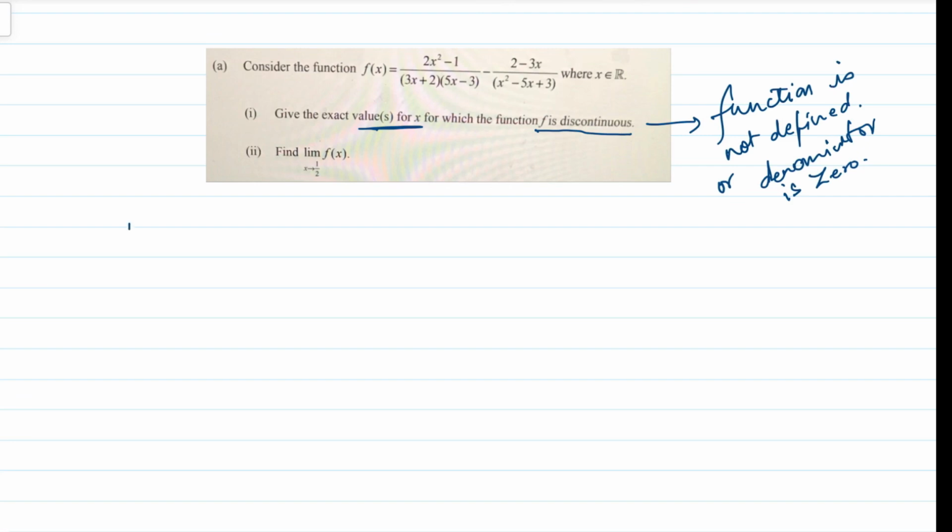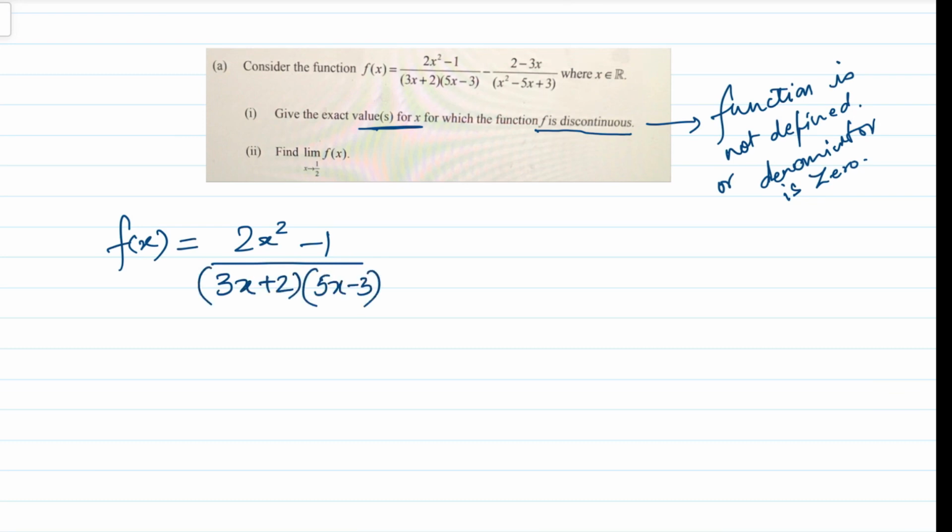We have f(x) is equal to (2x squared minus 1) over (3x plus 2)(5x minus 3), take away (2 minus 3x) over (x squared minus 5x plus 3).